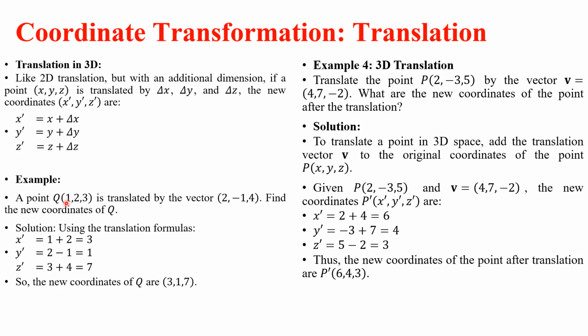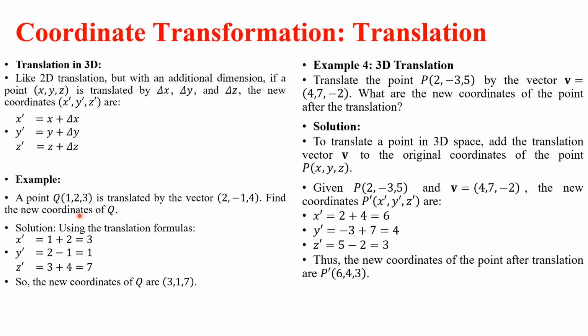So let's take, for example, a point Q with this coordinate, translated by the vector 2, -1, and 4. Find the new coordinates of the point Q.